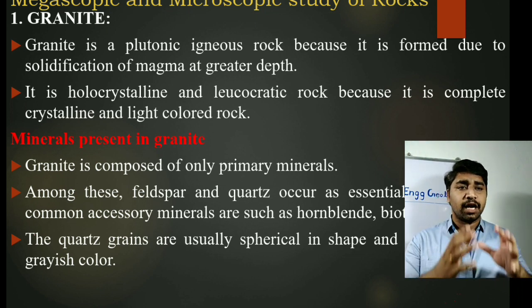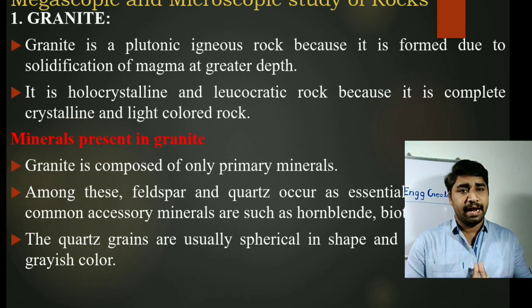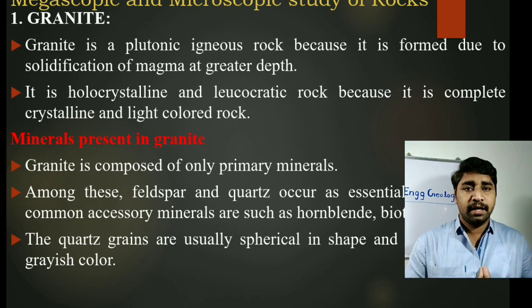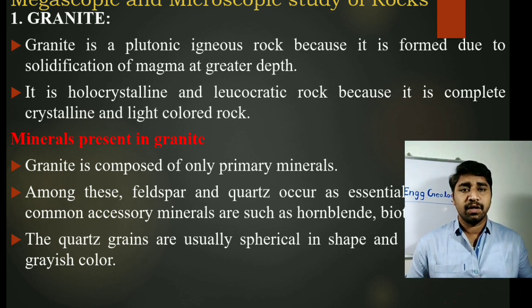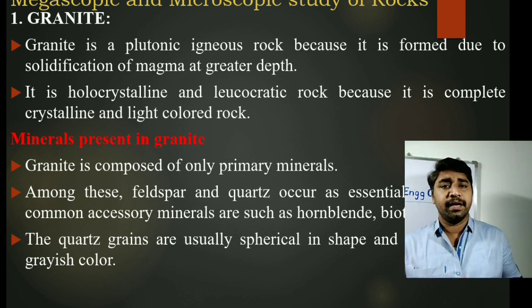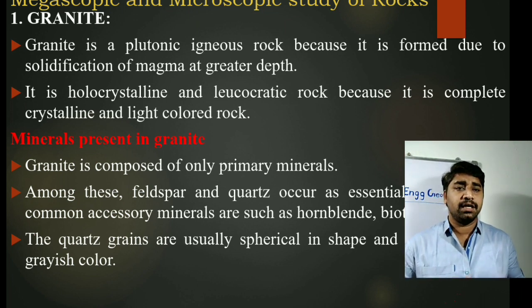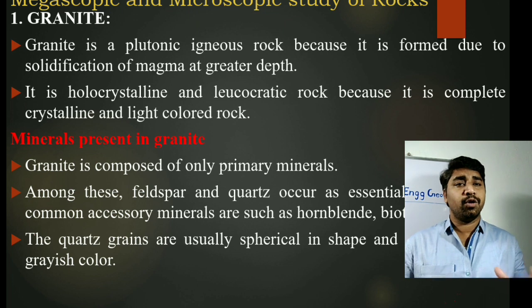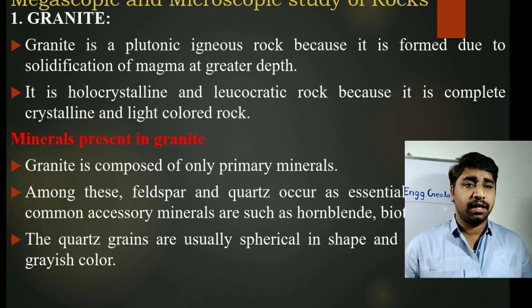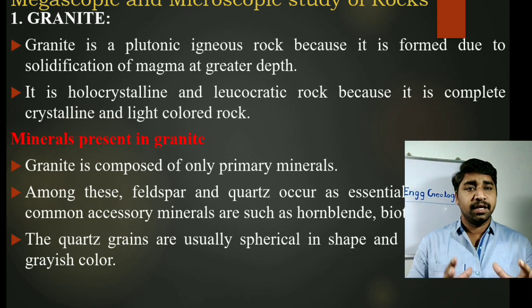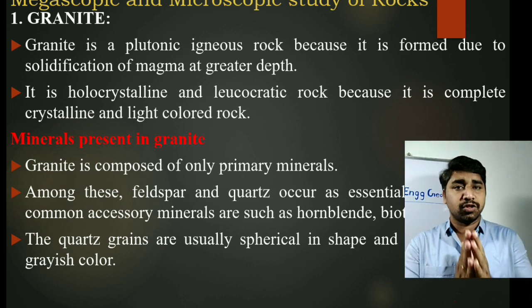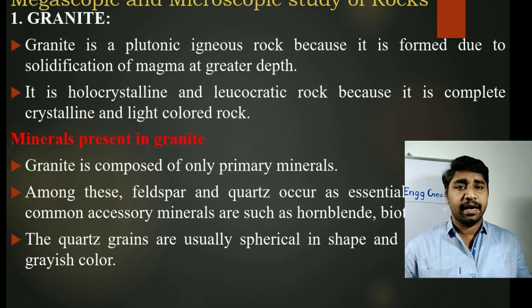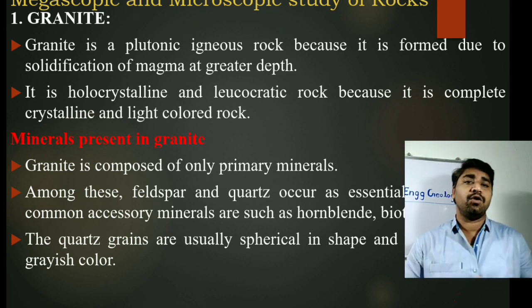The color of the igneous rock is very light, and that is the reason it is called a leucocratic rock. Holocrystalline means completely crystalline. Because of the color, we can say it is a leucocratic rock. Here we are talking about the megascopic and microscopic properties of granite only. So granite is a holocrystalline and leucocratic rock.